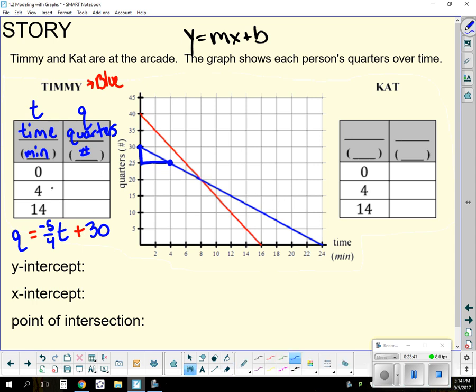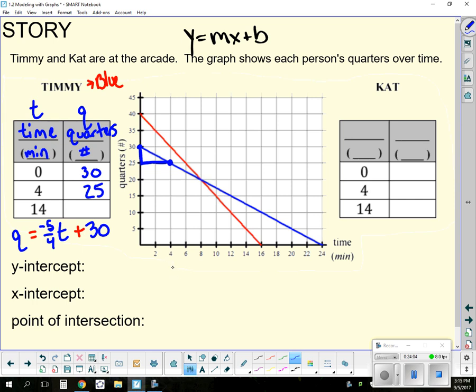Let's see what we have here. At time 0, number of quarters is obviously 30. It's a nice, neat coordinate point. We can use that. At time 4, again, it's a nice, neat one. It's 25. And at time 14, it's in between, so we would want to use our equation for that.